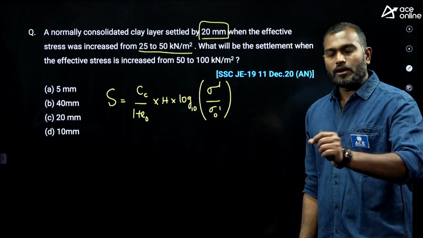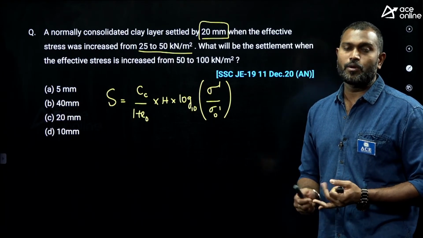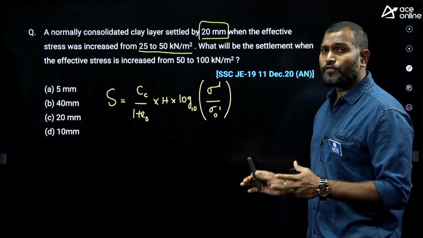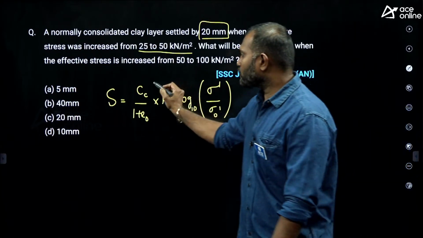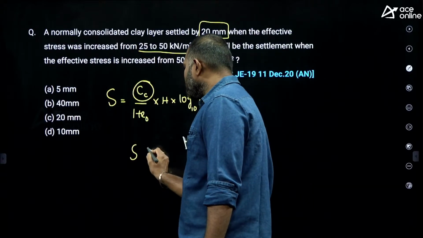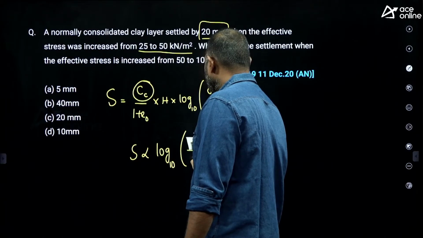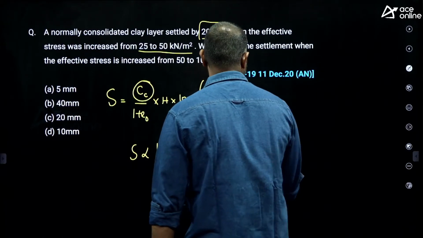There are a lot of coefficients: coefficient of compressibility, compression index, volumetric compressibility. For engineering practice, we always go for the equation related to the compression index. From this, S is proportional to log base 10 of sigma dash by sigma naught dash.